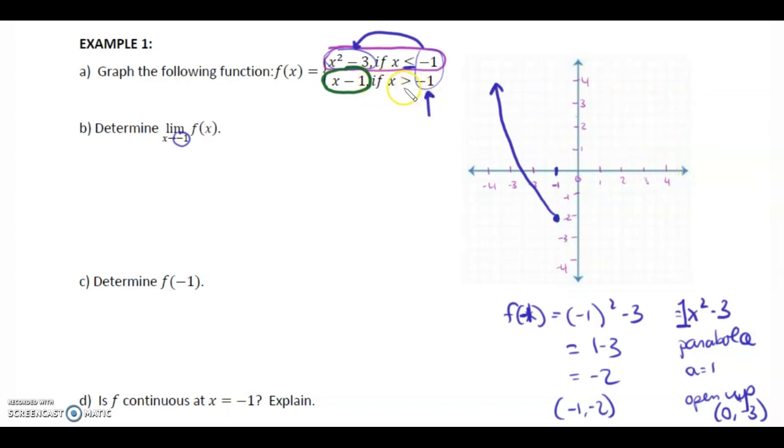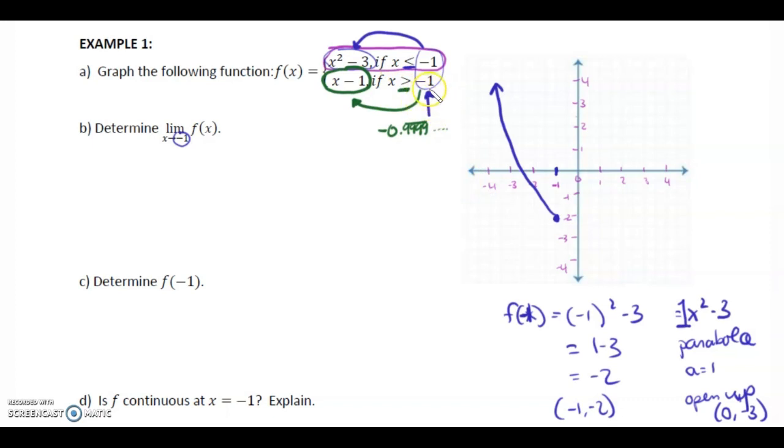And what I would do, even though there's no underline, is still sub in this -1 into this function. The reason why I would do this is because we know that we're going to start at like -0.99999 forever, because we're starting just on the other side of -1.